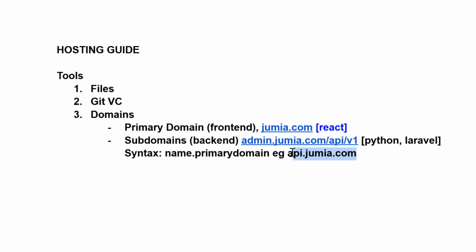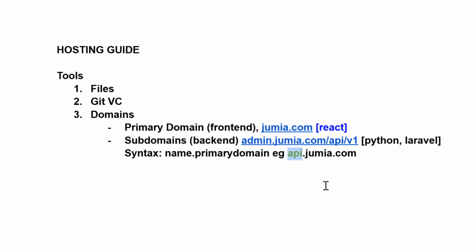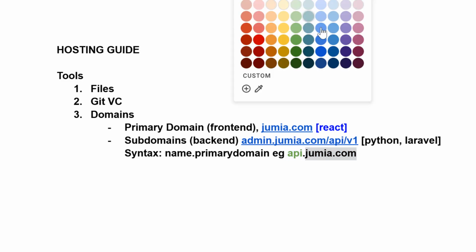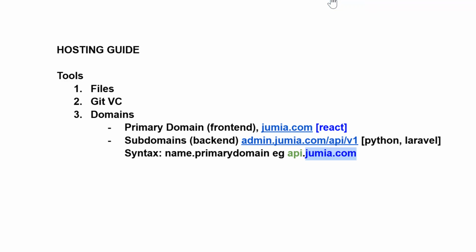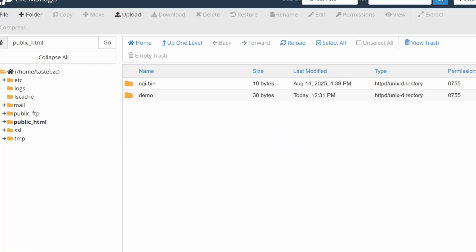So you see that the API is the name that we are passing, following up with a prefix for the subdomain. And then the .com is our domain. So the first value for the subdomain is always user defined. It can vary depending on what exactly you want and also on how you want to group your website content. So with that shared, I will create a simple one here.